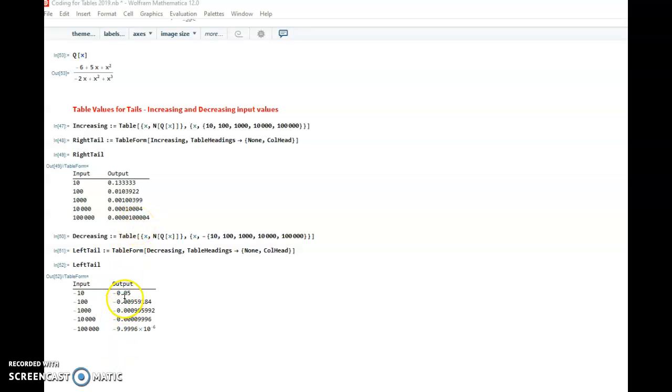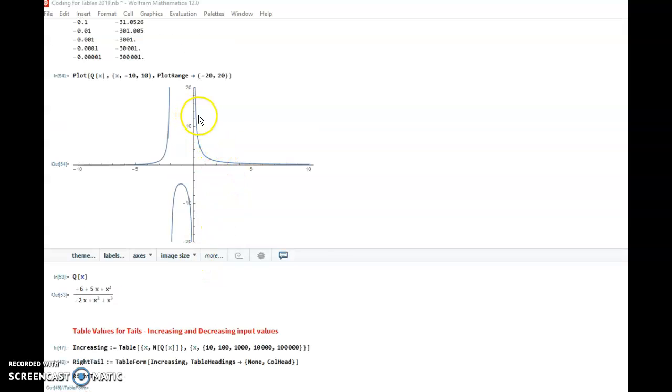And as x approaches -infinity, remember this is scientific notation here, the value of the function also approaches 0. In other words, we have a horizontal asymptote as x approaches positive and negative infinity of y equals 0. Again, the graph supports that as we go toward positive and negative infinity, we have a horizontal asymptote here.